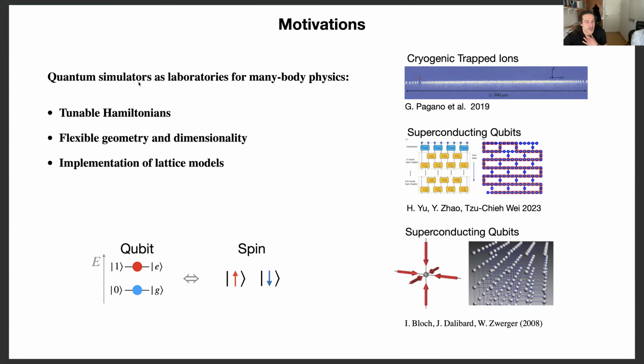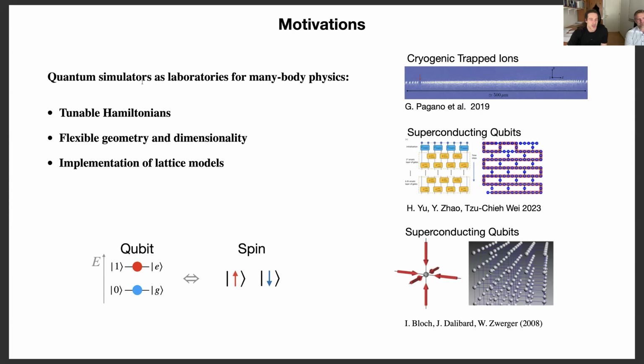Essentially, differently from standard condensed matter setups, they are able to synthetically engineer a certain system with a certain Hamiltonian and tune the parameters of the Hamiltonian. They are also able to realize different geometry and dimensionality, and to implement lattice models.